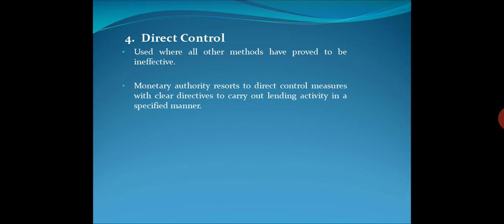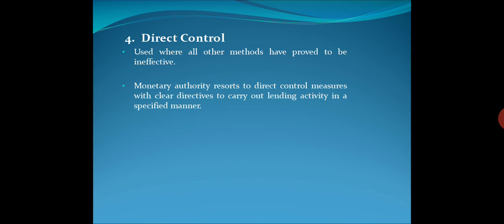However, as far as the application of this policy measure is concerned, it is used in the rarest of rare cases, because even RBI is reluctant to opt for such a measure which is quite harsh in its approach.